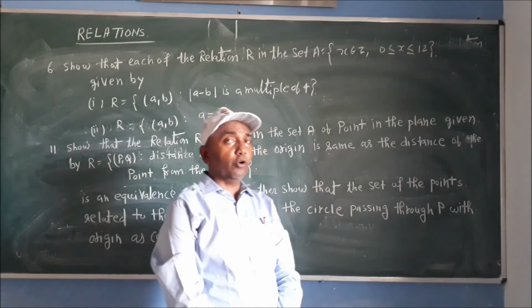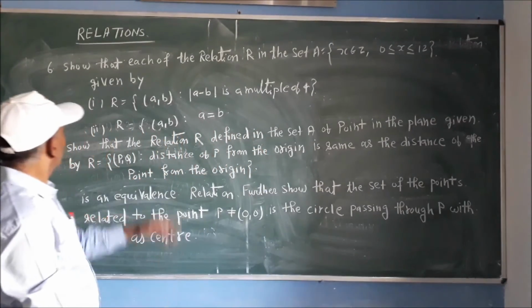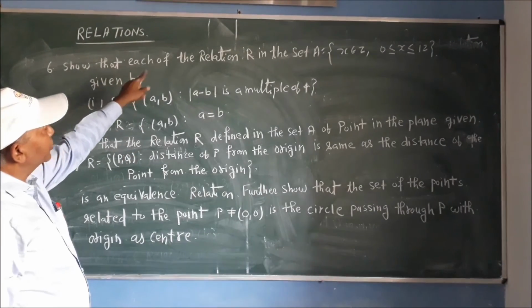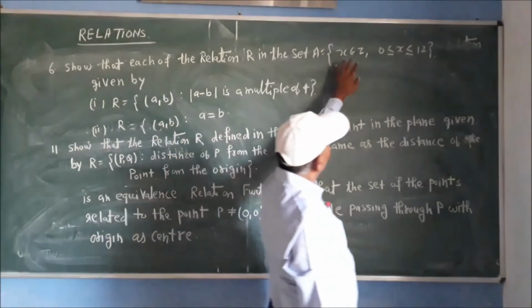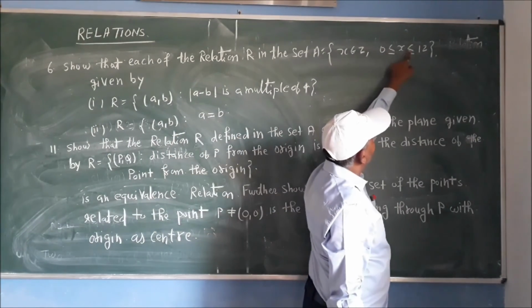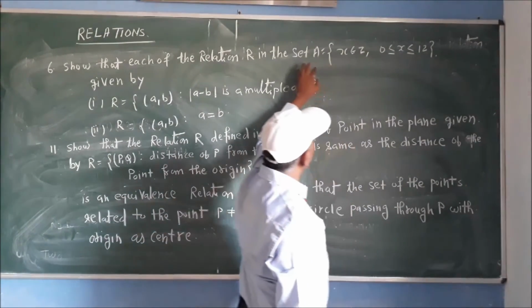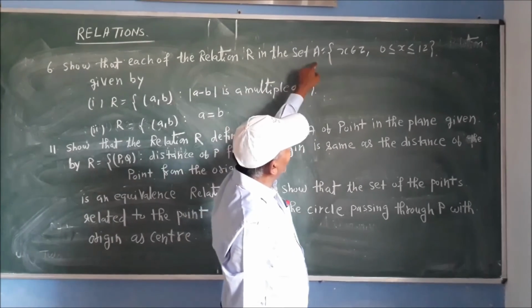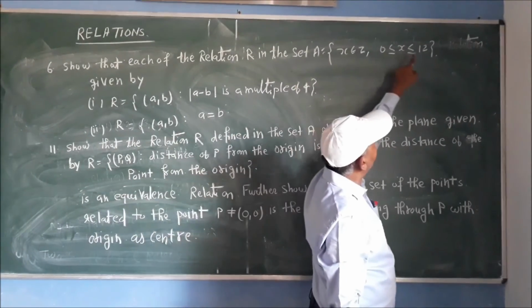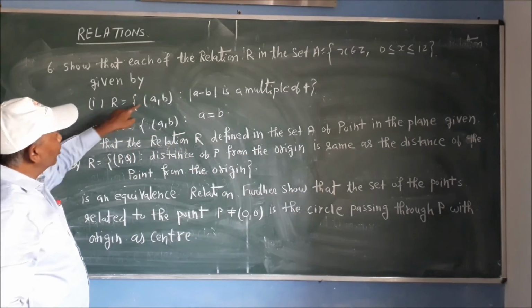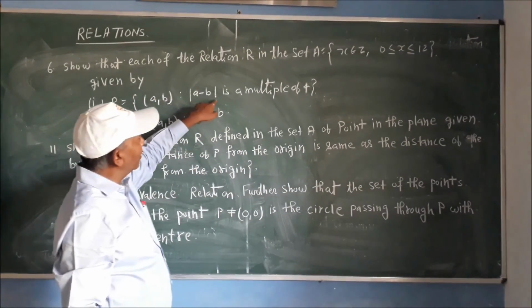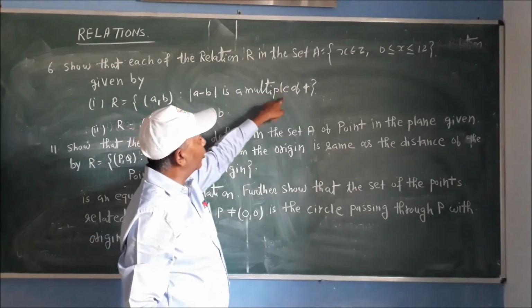Here are two questions for your homework. See the question. The question is: show that each of the relations in the set A = {x belongs to Z, 0 ≤ x ≤ 12} is an equivalence relation. That means it is given that set A has elements 0, 1, 2, 3 up to 12, and R = {(a,b) : |a − b| is a multiple of 4}.